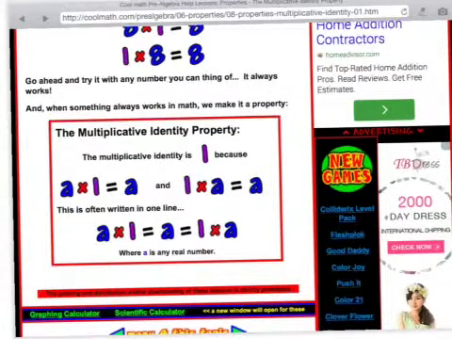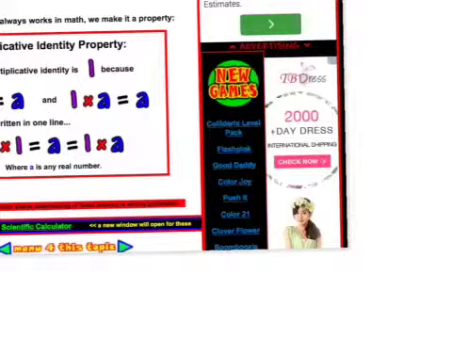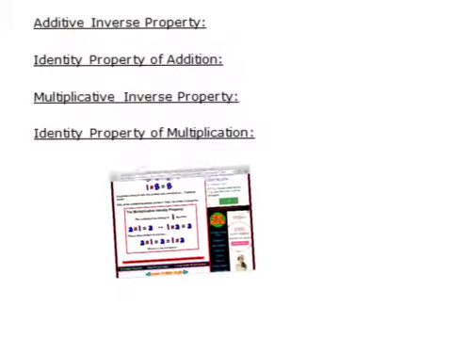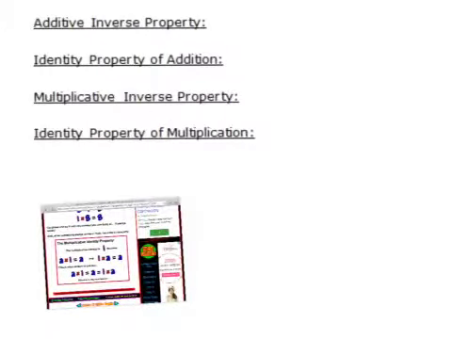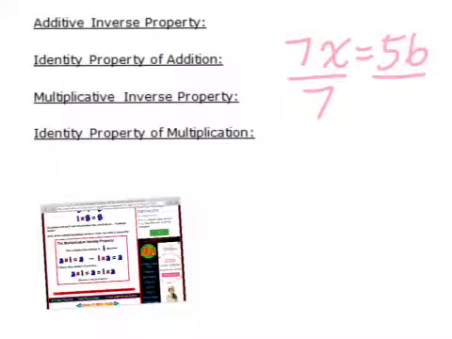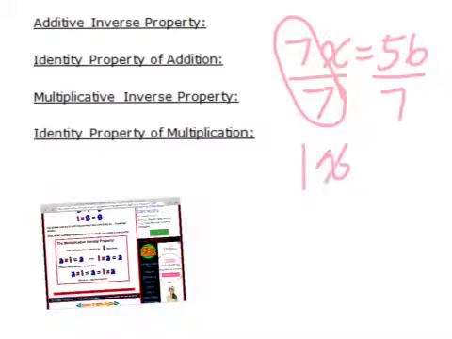And the way that we're going to see that play itself out as our students are solving equations is after they have something like when we had 7x equals 56, after they use their multiplicative inverse to divide by 7 or multiply by 1/7 on both sides, this 7 divided by 7 simplifies to 1, so that I'm left with 1x equals 8.